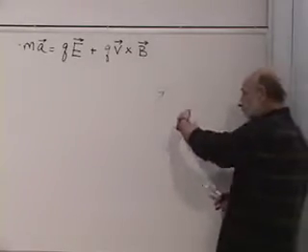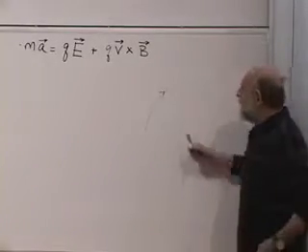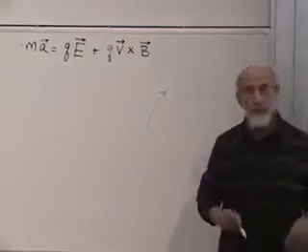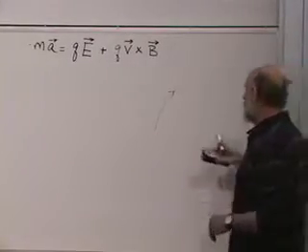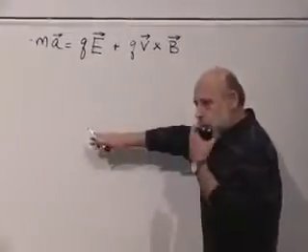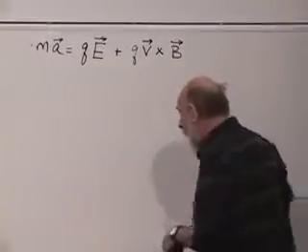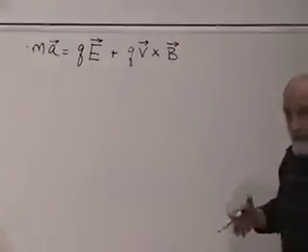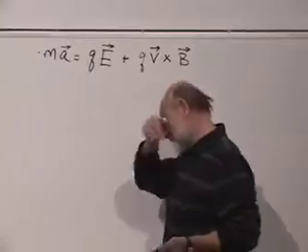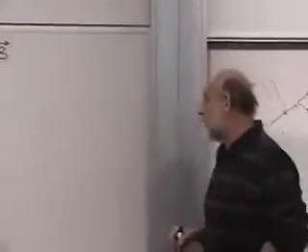It's perpendicular to B. If B is perpendicular to the plane, the force lies in the plane. So the whole motion takes place in the plane, or can be constrained to take place in the plane. And if the electric field also lies in the plane, that just gives another contribution to the acceleration in the plane itself. All right, so this is our setup.